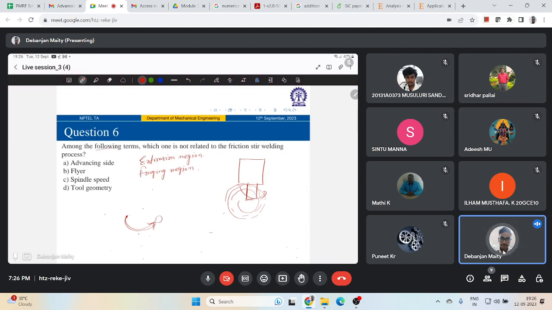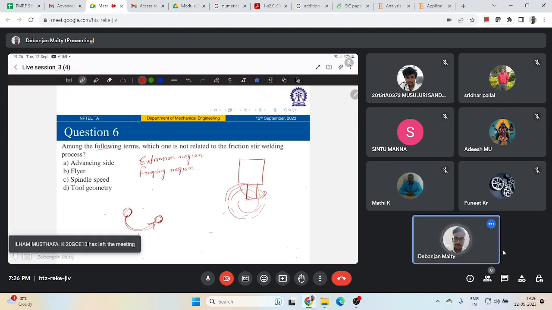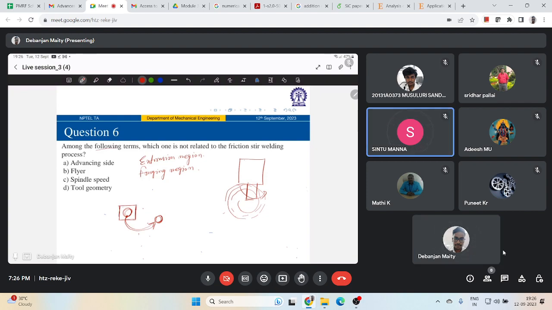Now here is my material. Initially it was here, so some kind of cavity will form, right? When there is cavity formation, and initially there is also some material over here, this is coming into this region.